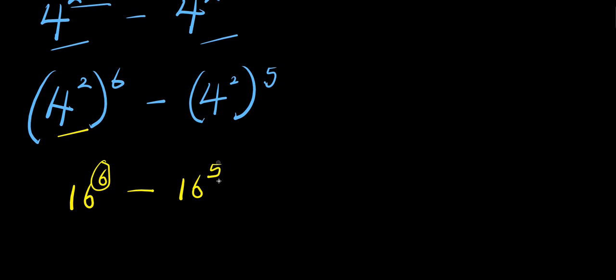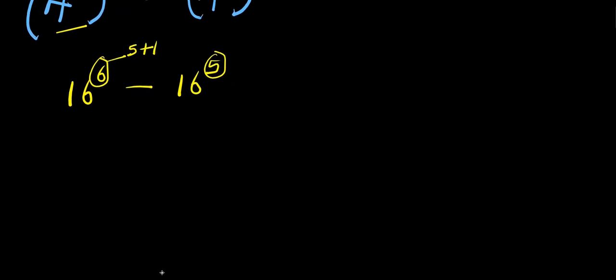This is 6. This is 5. I can express this as summation of 5 and 1. So I'm going to have 16 power 5 plus 1 minus 16 power 5.